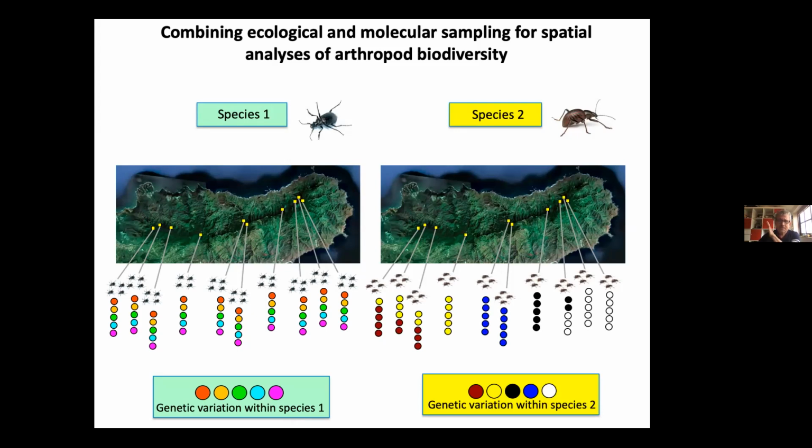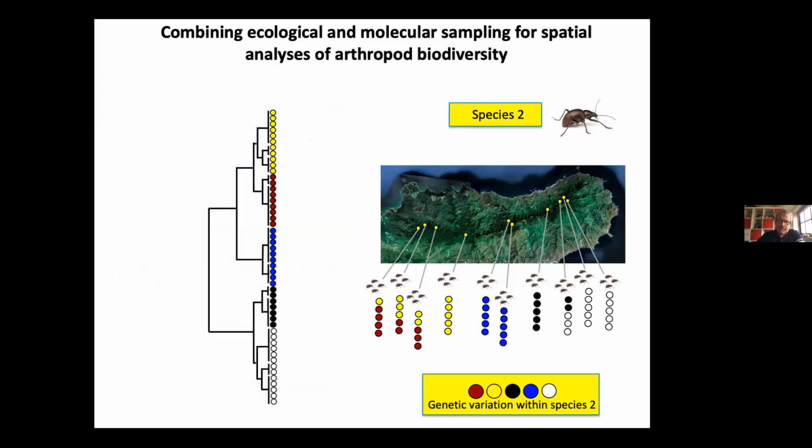So this automatically tells us that there is some dispersal constraint within this species, some historical limitations to movement. And further to this, we can use the phylogenetic information within these sequences to understand the historical context of this dispersal limitation. So here we can group things at different hierarchical levels based on phylogenetic relatedness.